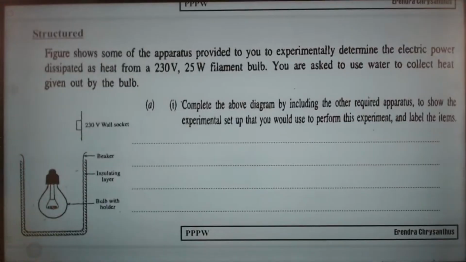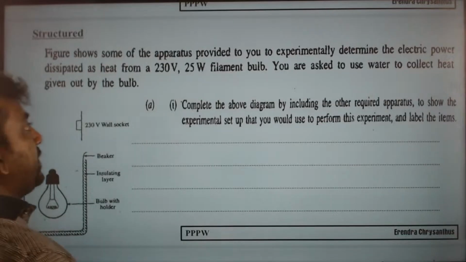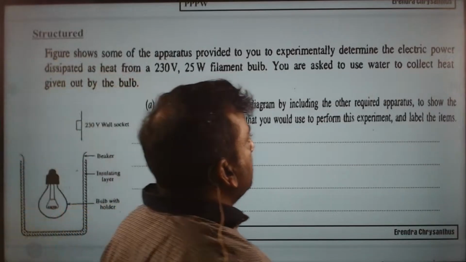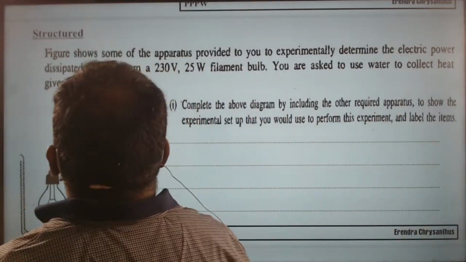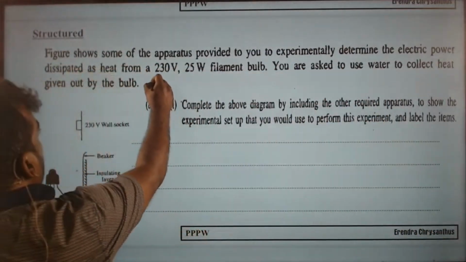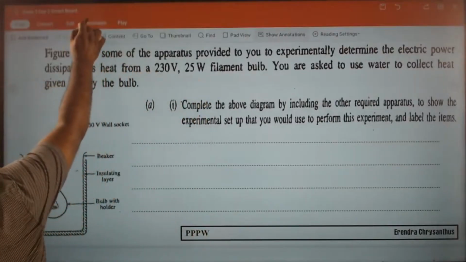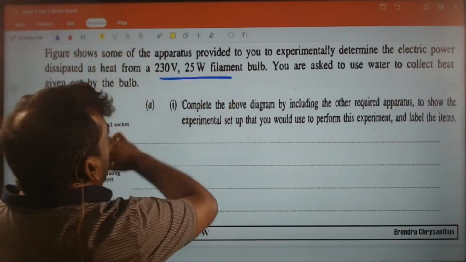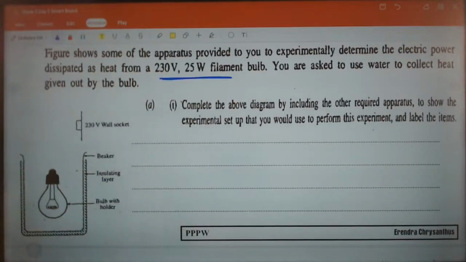Okay. Structured essay question. The figure shows some of the apparatus provided to you to experimentally determine the electric power dissipated as heat from a 230 volt, 25 watt bulb.